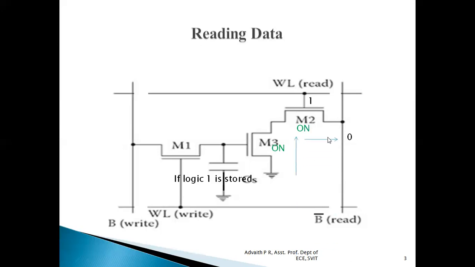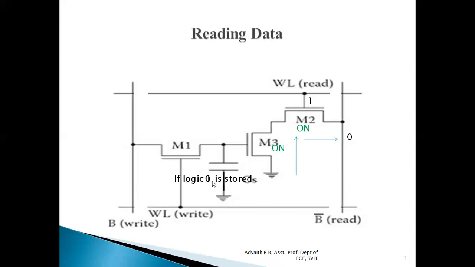So 0 will be stored as B bar. So the logic which we have stored here in the capacitor is 1, but the output which we get is the inverted output, B bar. We have to remember that. So if we want to read the proper data which is stored in the capacitor, we have to connect this to an inverter later. So this is how read operation is performed.